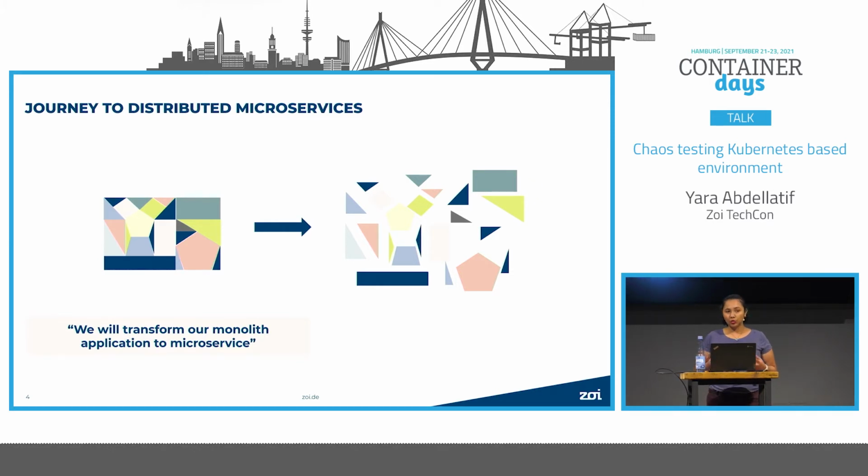And if you ask someone who works at a company that transformed their application into a microservice architecture how many microservices they have, the answer you would usually get is about 100 or something similar.